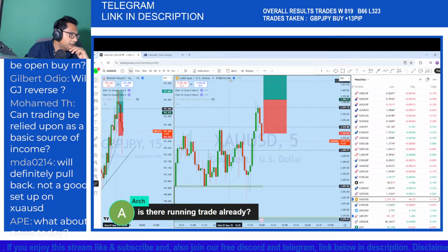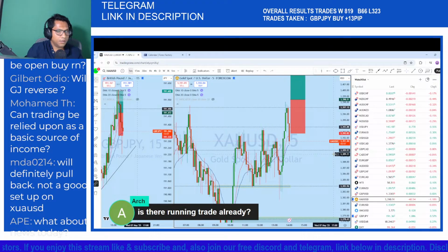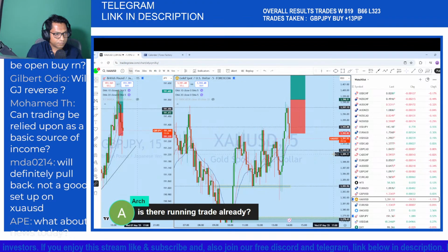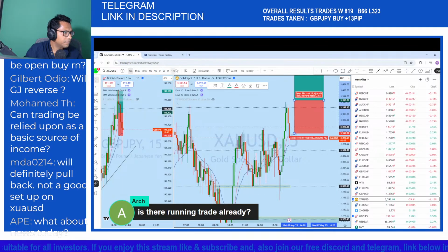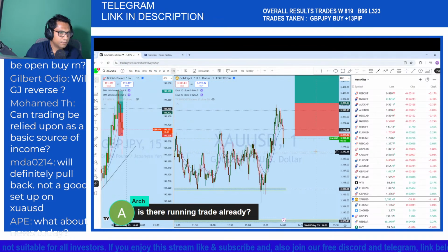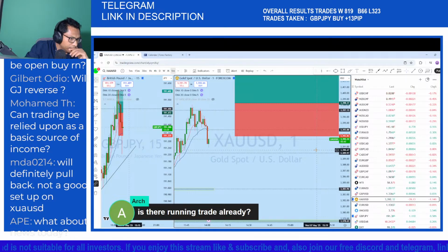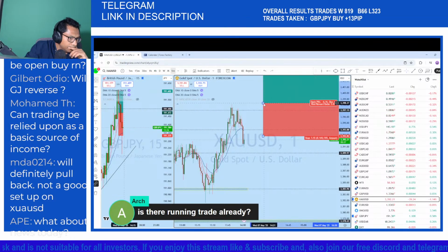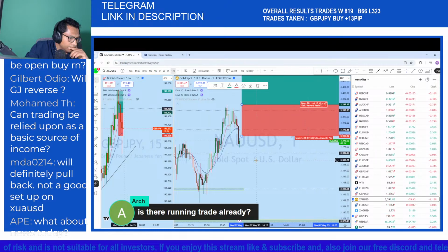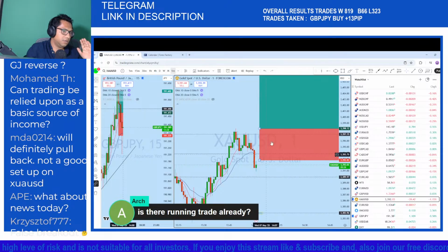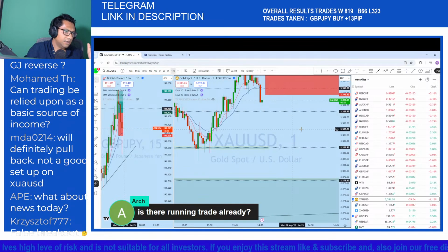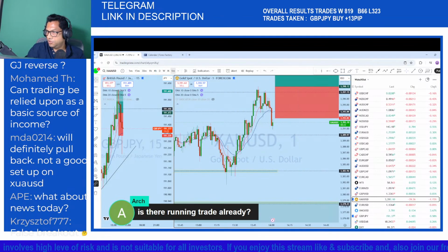If we see that the market is not able to return to the direction of the trend, we may see it remaining bearish here, depending on how it is creating a structure.